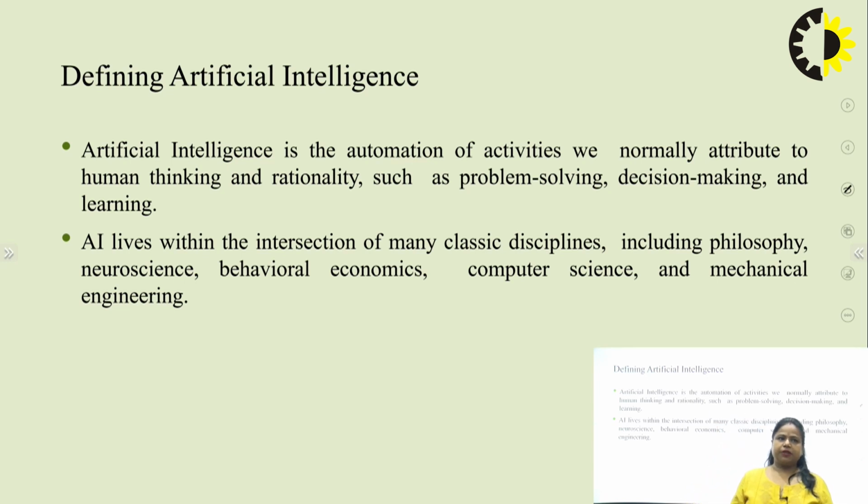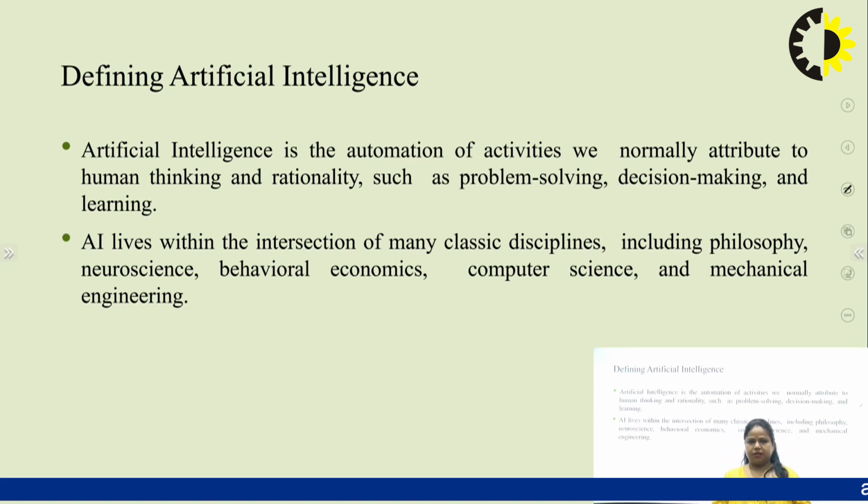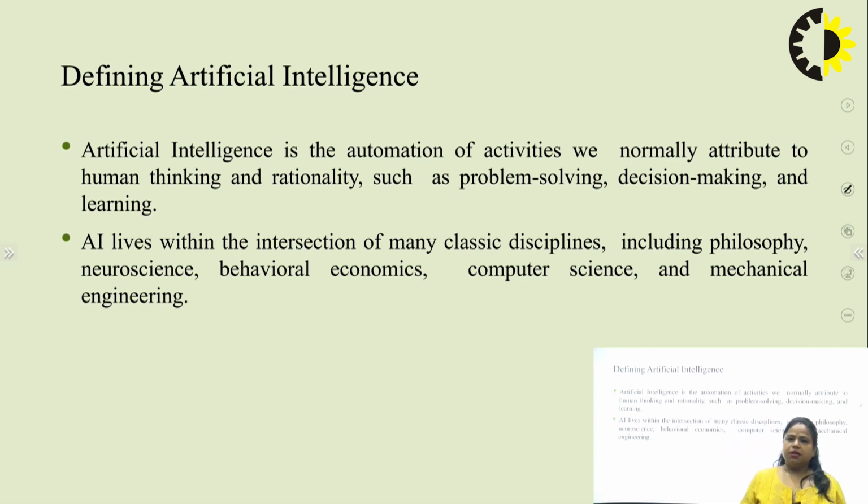But when I'm talking about a proper definition in terms of a computer system, artificial intelligence is an automation of activities which we normally attribute to human thinking and rationality, in which we can do problem solving, make certain decisions and learn a lot of things, right?